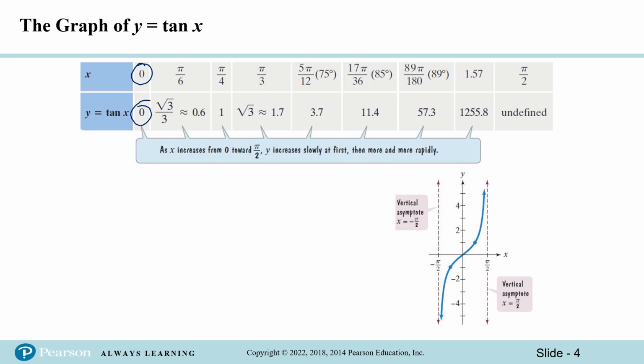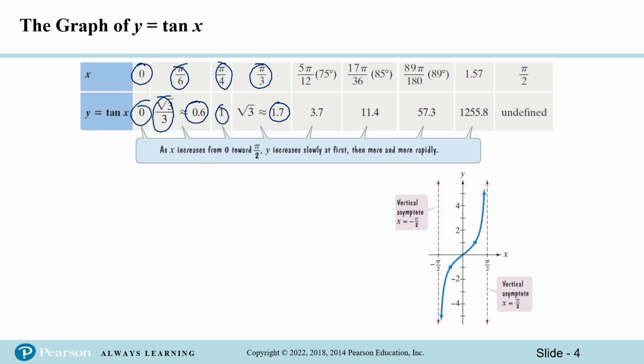Then we do pi over 6, and we get the square root of 3 over 3, which as a decimal is 0.6. Normally I don't recommend decimals, but there's a reason why. So then we do pi over 4 and pi over 3, and we get 1.7. So we go from 0 to 0.6 to 1 to 1.7.